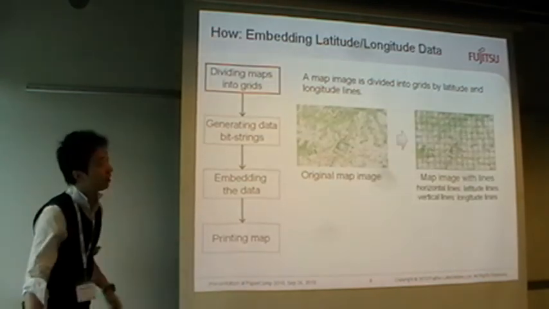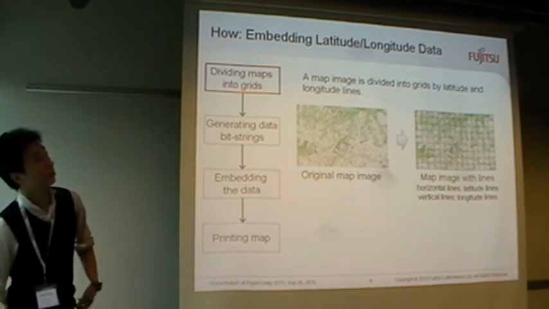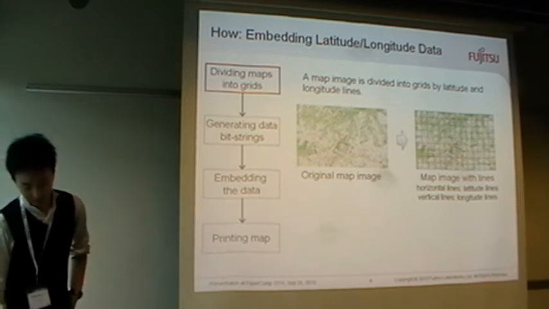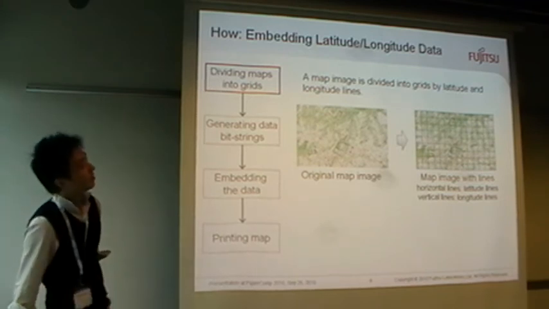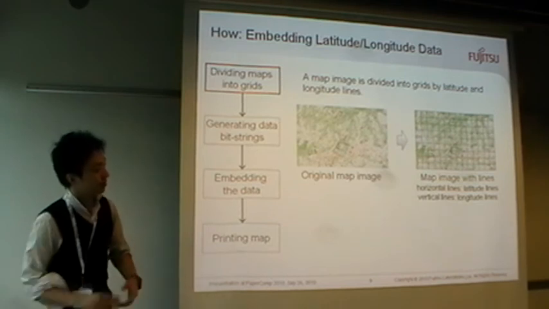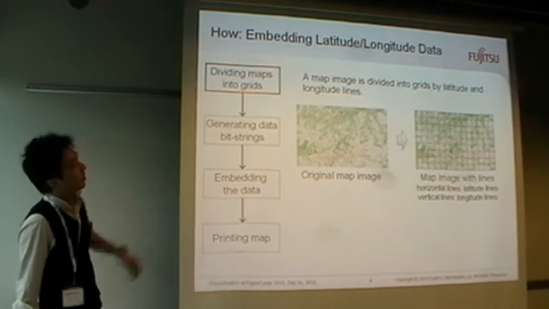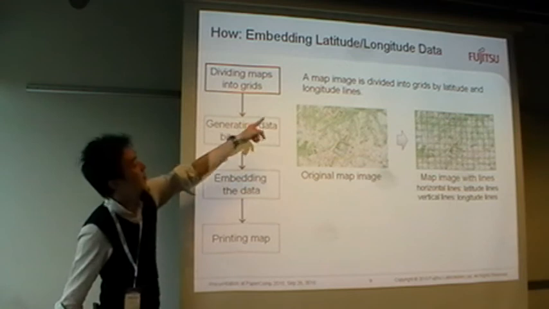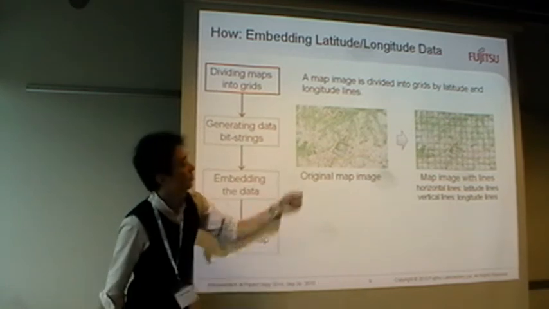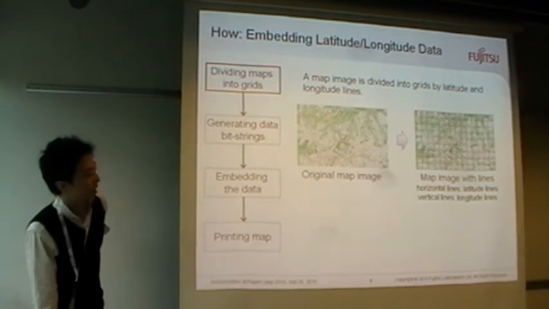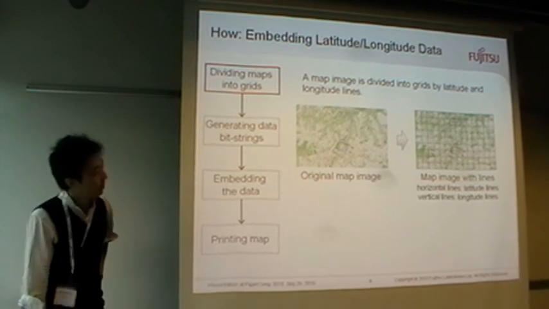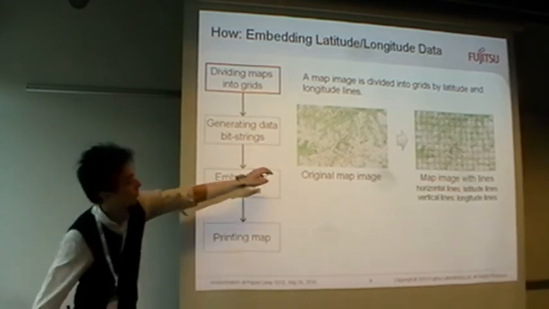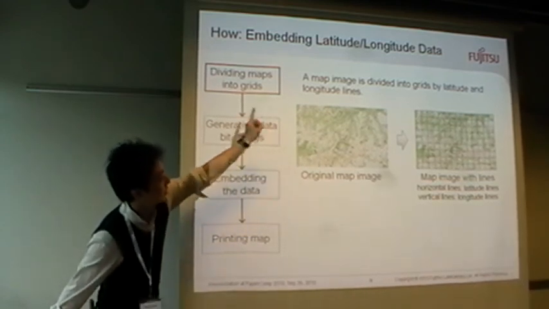Now, I'll show you how to embed the latitude and longitude data into paper maps. There are four steps in the data embedding method. In the first step, the map image is divided into a grid by latitude and longitude lines. This map is drawn with north at the top.